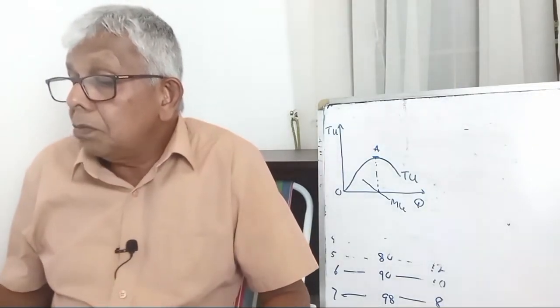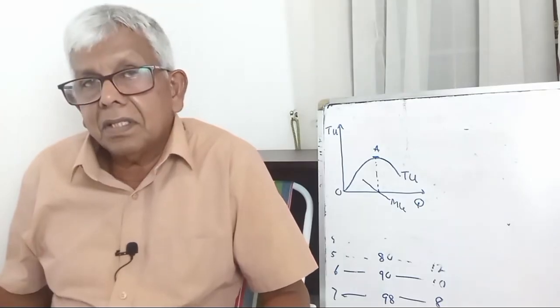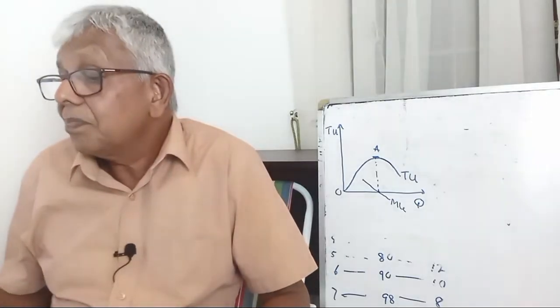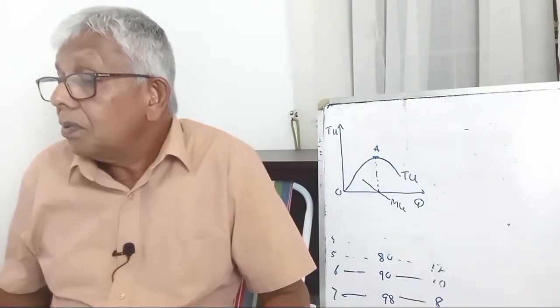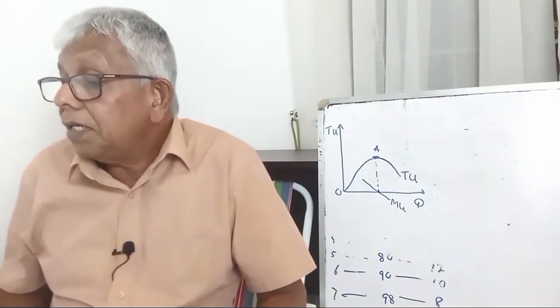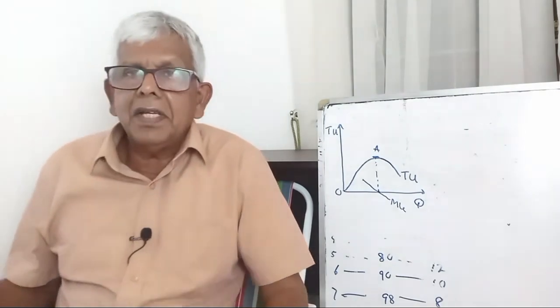Where consumed units, number of units, 0, total utility 0, and marginal utility 0.